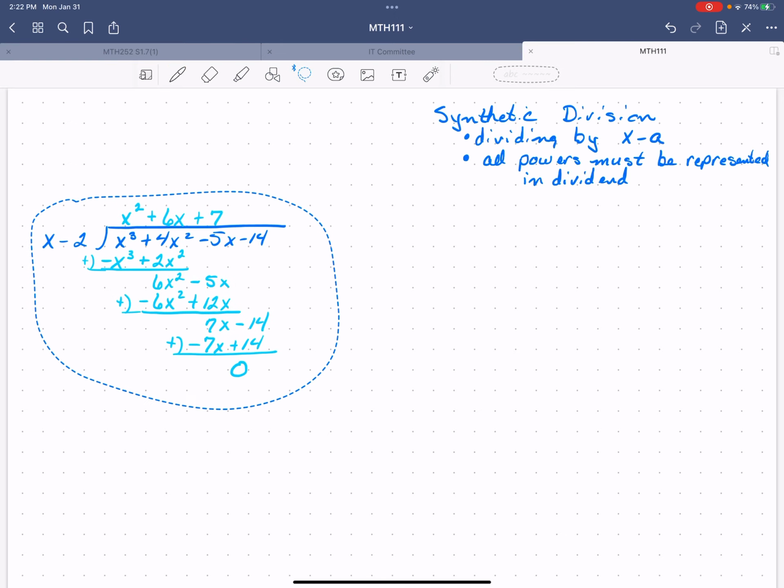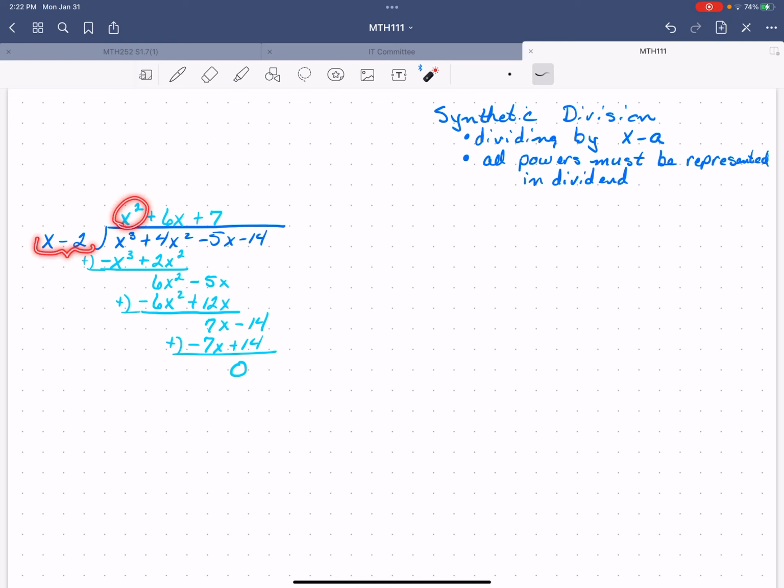So this is my long division over here. And what I want you to remember is this 1x squared came from asking, what do I multiply 1x by in order to get 1x to the third? And then I multiplied the x squared through the x minus 2, and that gave me this x to the third minus 2x squared.